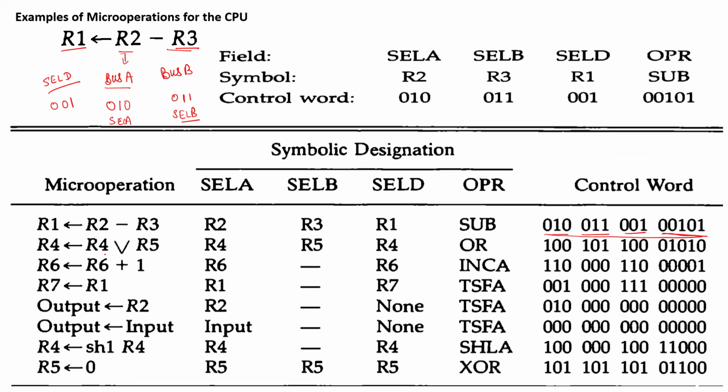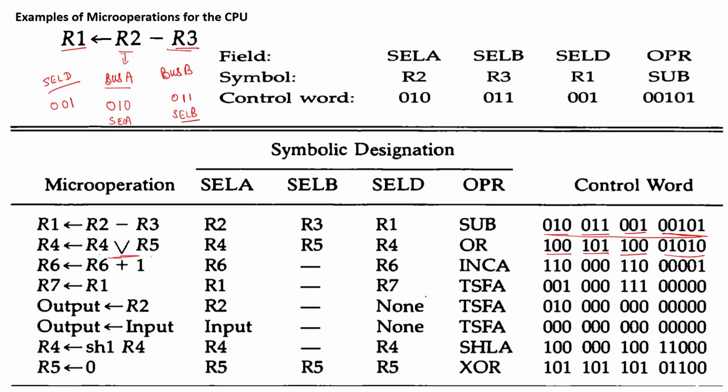Now for the logic OR operation, what things are required? Registers R4, R5, and again it should be stored in R4 only. So cell A is, in decimal, 4. Cell B is 5. It should be stored in 4, so cell D is 4. And for the micro-operation, the operation bits combination should be 0, 1, 0, 1, 0.